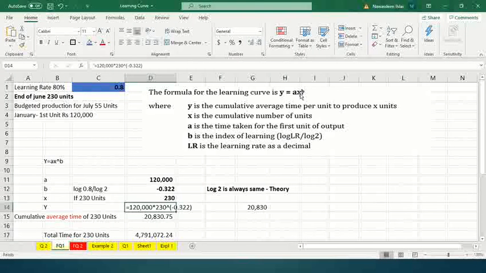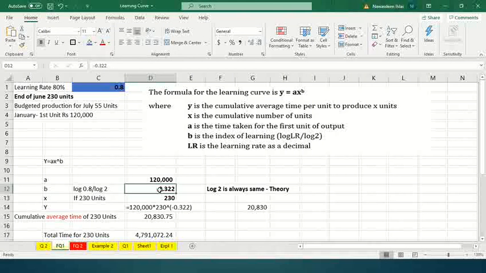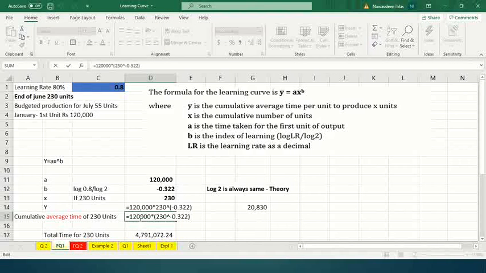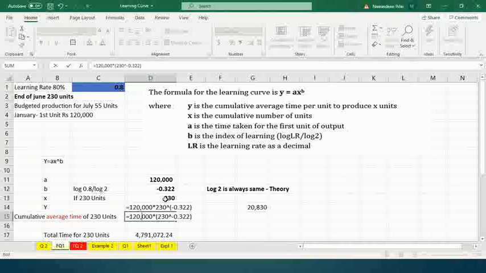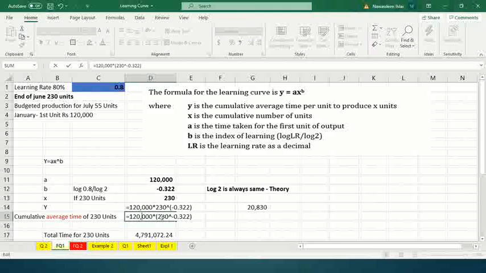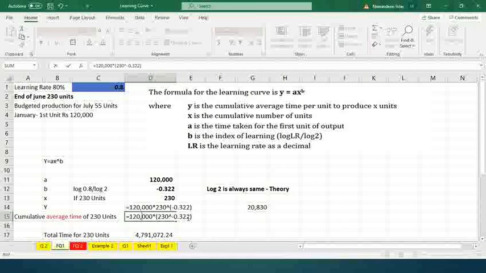So x is 230, a is 120,000, b is minus 0.322. So a, 120,000, multiplied by x, cumulative output 230, to the power of minus 0.322, your learning index b. Here you can use the power button on your calculator.